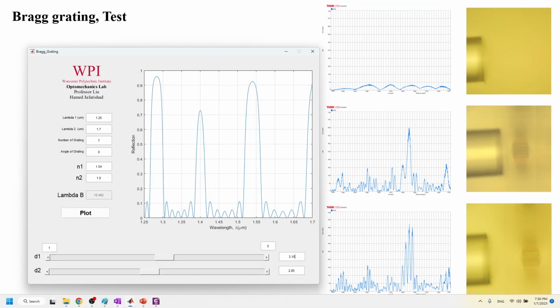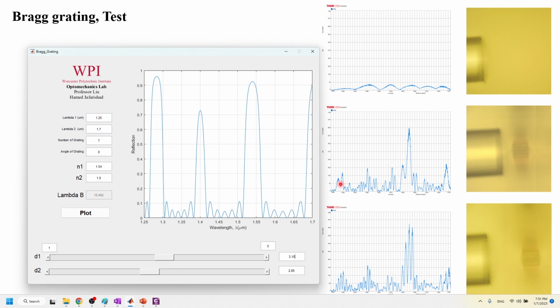So here we have very good reflection. And we can also see the other reflective bands: this one corresponds to this one, and this one also corresponds to this one.